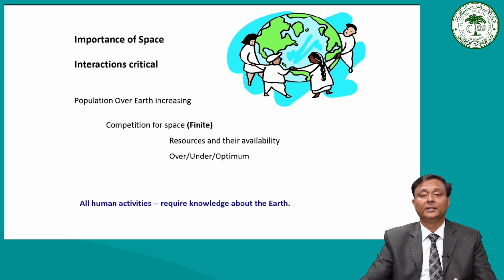I mean the technology, expertise or higher level of development, and all this has a greater spatial dimension. So space is very important and very critical. All human activities require knowledge about the earth, and so spatial information is very important, significant and critical.